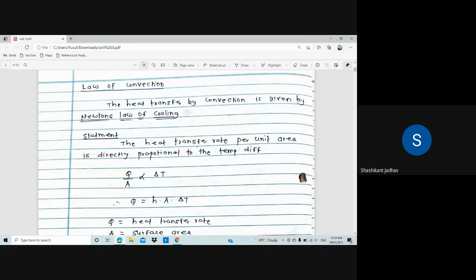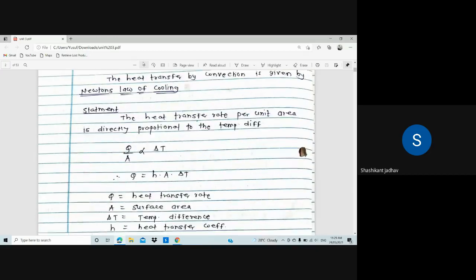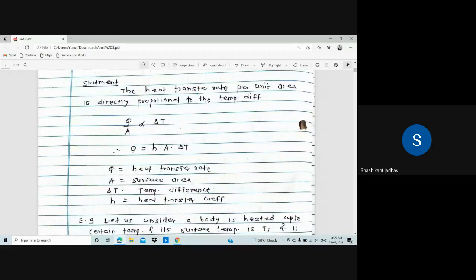Write down the statement of Newton's law of cooling. The statement is that the heat transfer rate per unit area is directly proportional to the temperature difference.